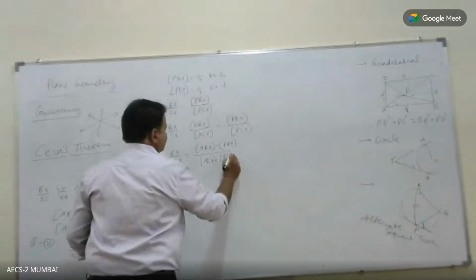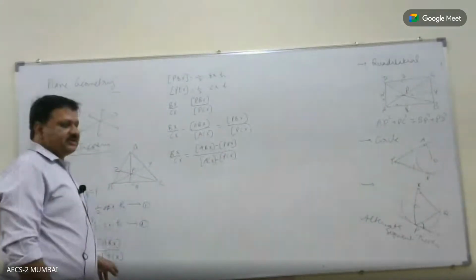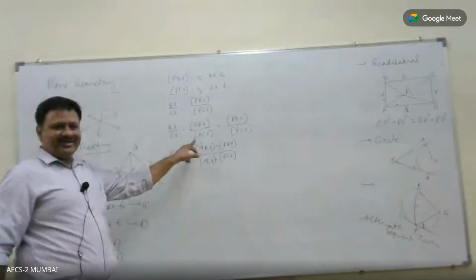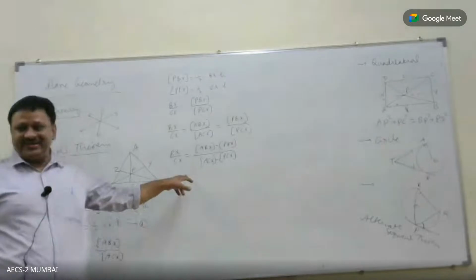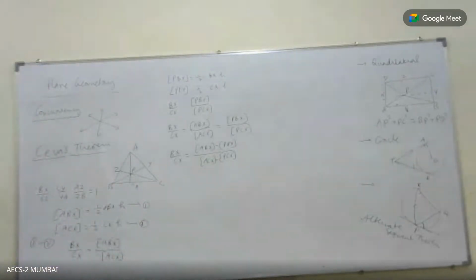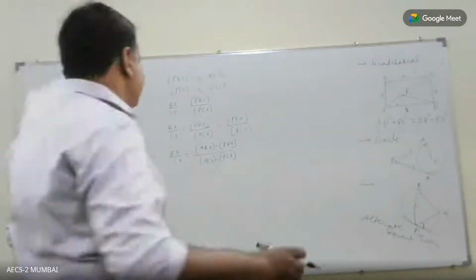ACX minus BCX. Do you know this result I am using here? Dividendo. I'll give an example. This is a simple result.